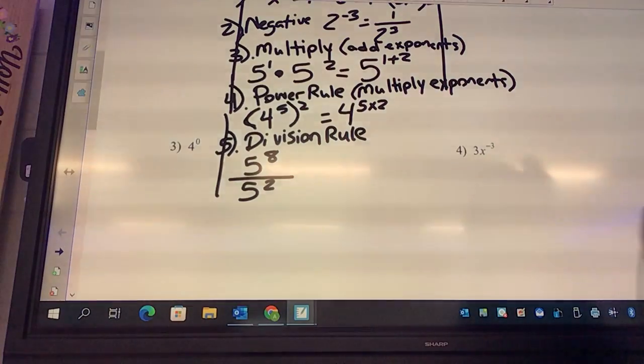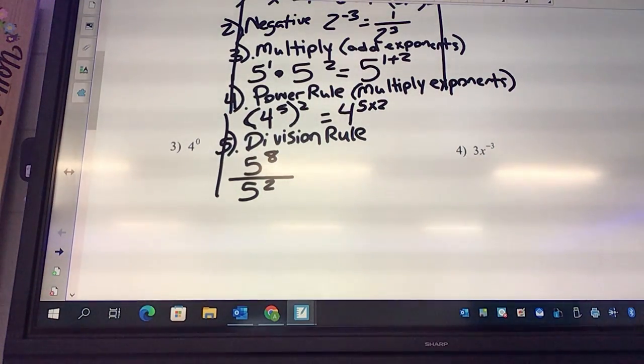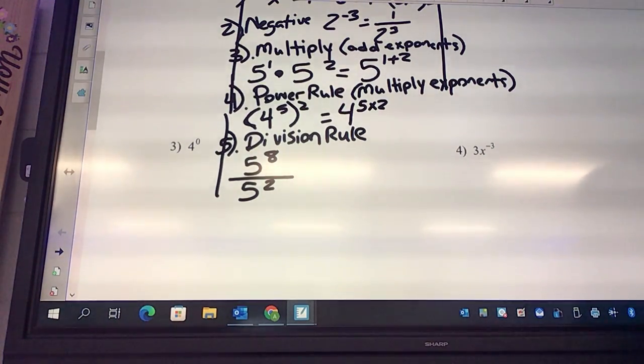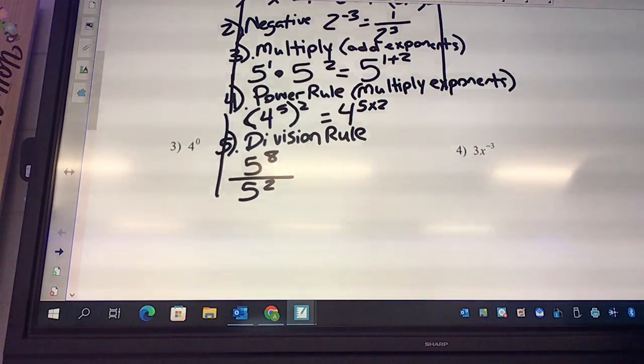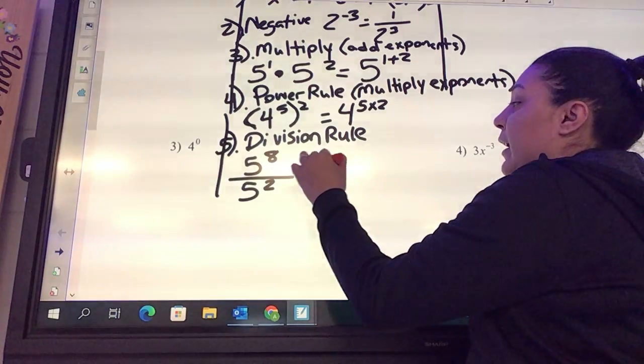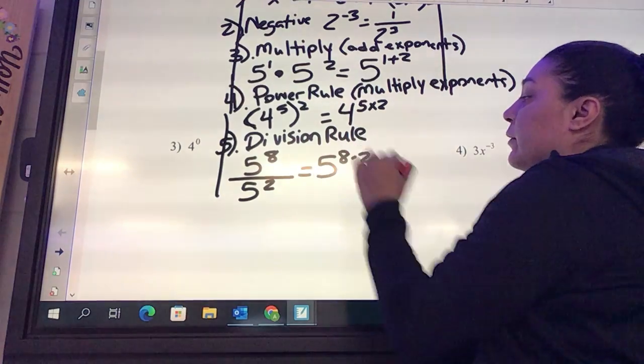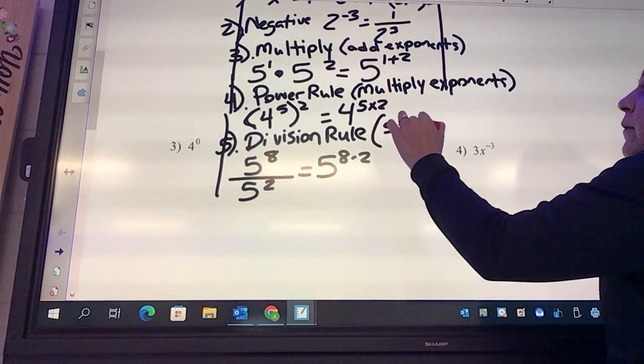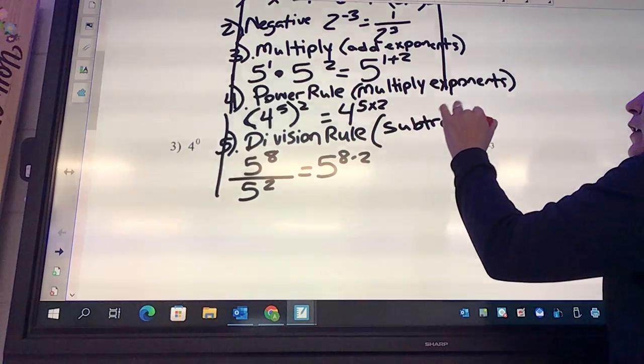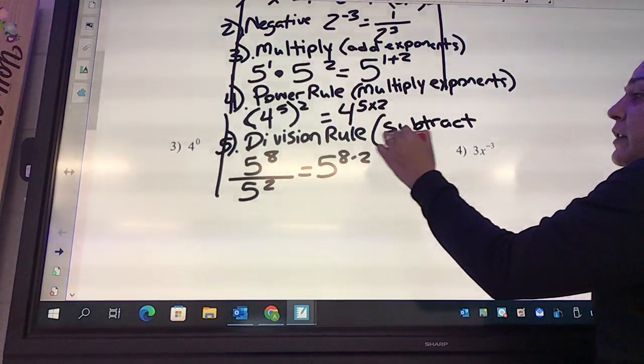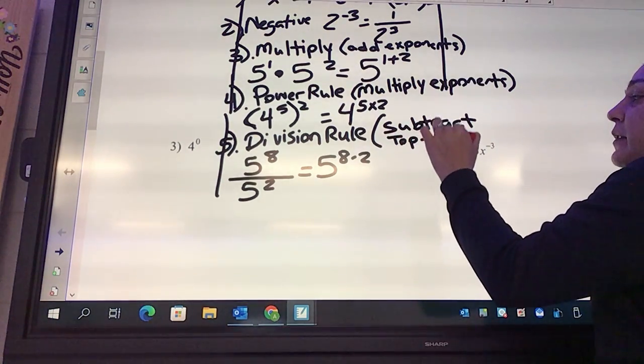And what do you do with the exponents? We did this yesterday. Subtract them. Okay, so it would be 5 to the 8 minus 2. And the important part with this one is you do the top minus the bottom.